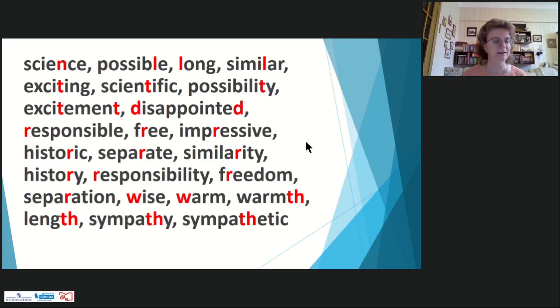Ready? Let's go. Впечатляющий. Find this word here. Well, it is impressive. If you don't know this word, don't worry, just put it down and try to remember.